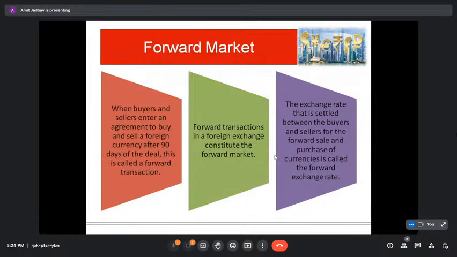That rate, which is fixed between the buyer and the seller, is known as the forward exchange rate. So 90 days is the time available to complete the deal. That transaction is known as the forward market.